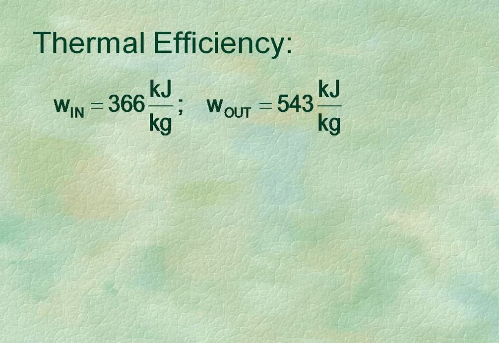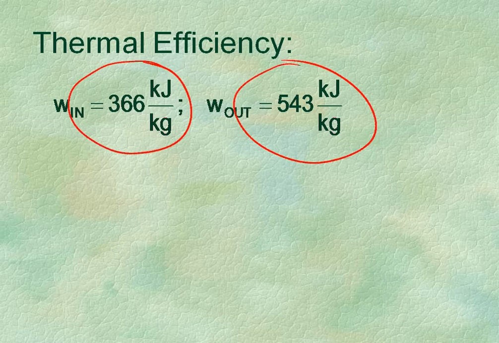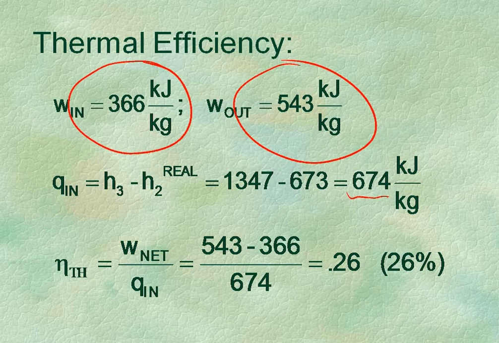So thermal efficiency here, we have work out, doing our energy balances about the compressor and about the turbine. The net work is the difference of those. The heat in, doing the energy balance from the combustion chamber, we find that we had to put in 674 units of heat. And so our thermal efficiency is 26%. The work net over Qin, or 26% for that cycle.